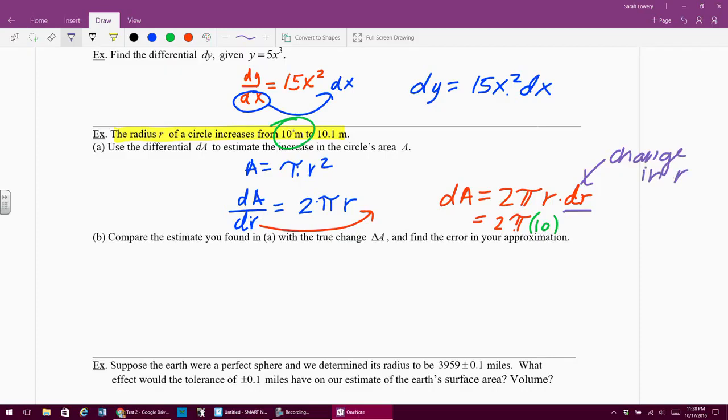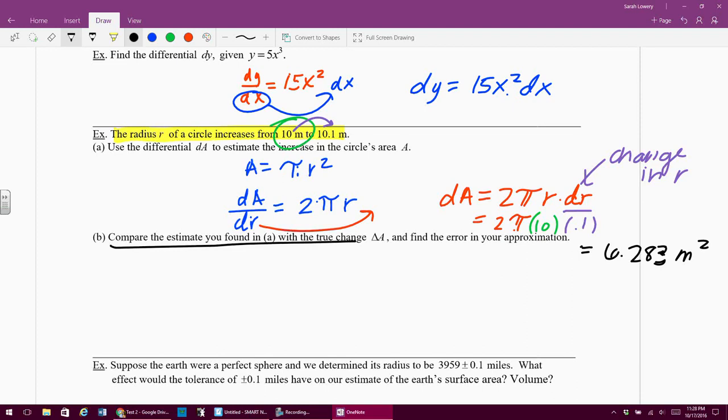To go from 10 to 10.1, dr is 0.1. If I multiply this out, I'm going to find that this is equal to 6.283 meters squared.